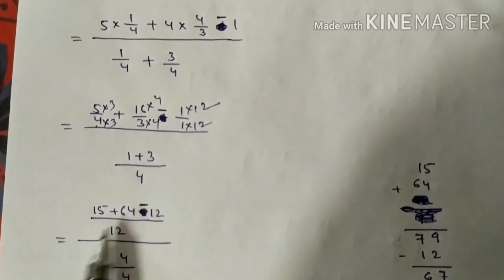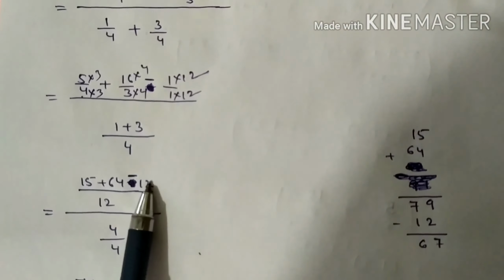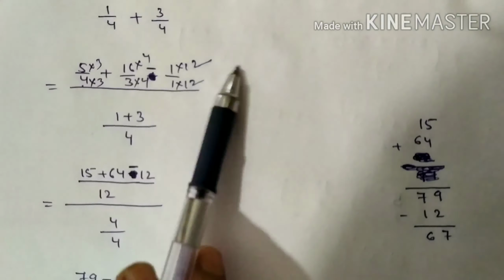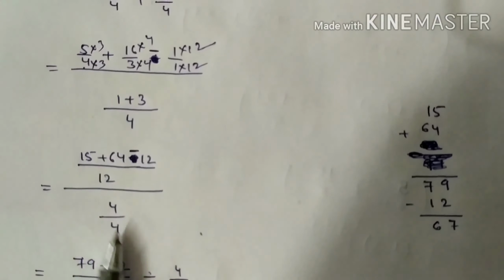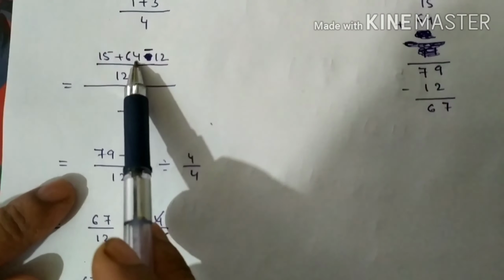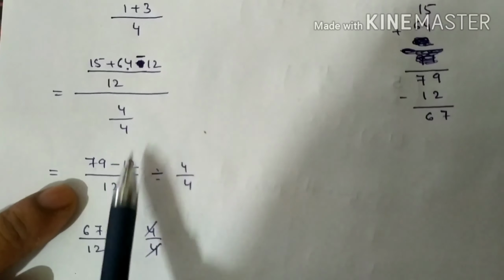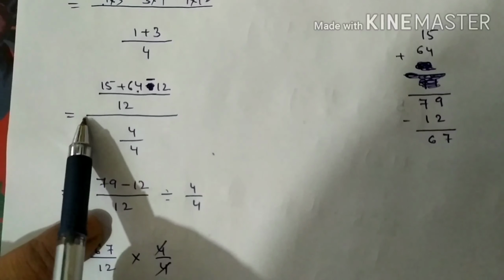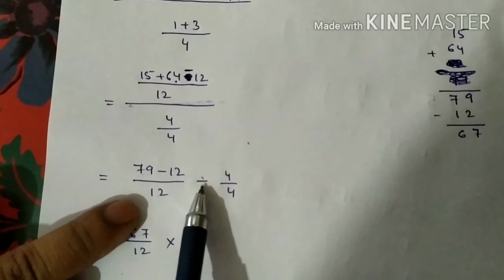So this is how 5 3 is 15, plus 16 4 is 64, minus 12 1 is 12, divided by, this is the LCM, 12, by 3 plus 1 is 4 by 4. Now 15 plus 64 is 79, minus 12 by 12. This divide will be replaced by division symbol.